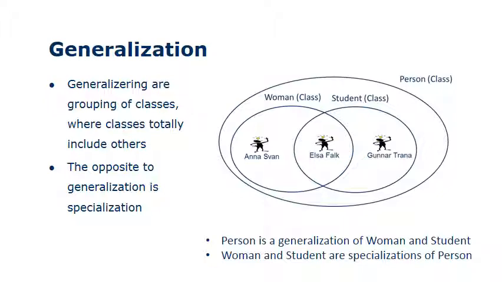And in the same way, the class student is totally included in the class person. That means that person is a generalization of woman, but person is also a generalization of student. And since the opposite to generalization is specialization, woman and student are specializations of person.